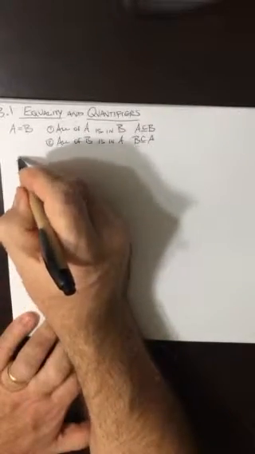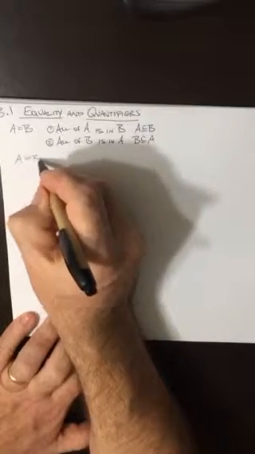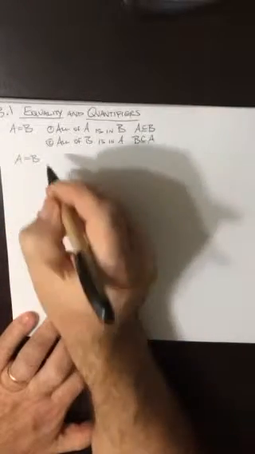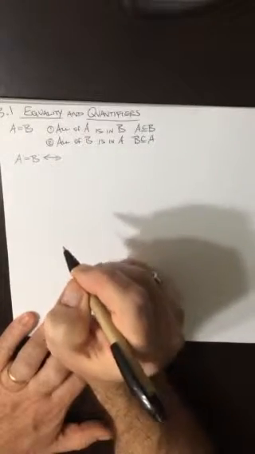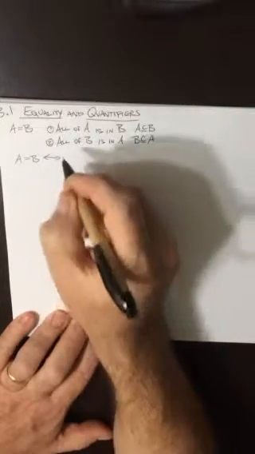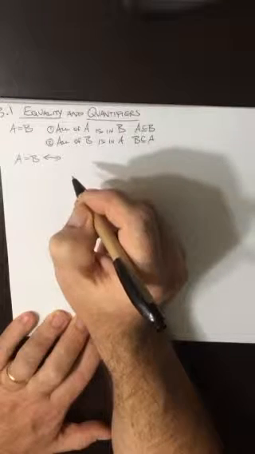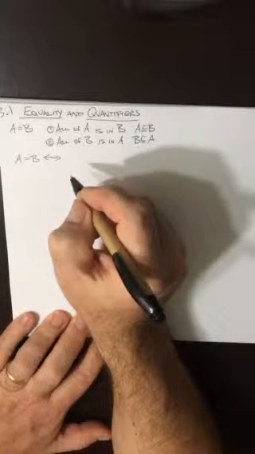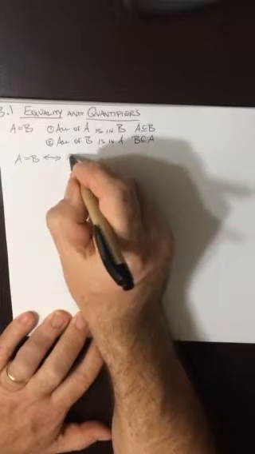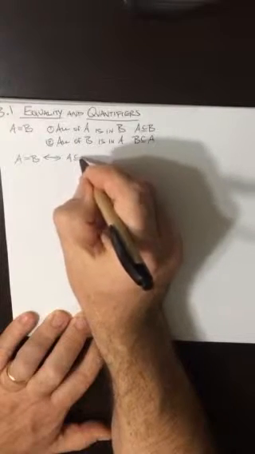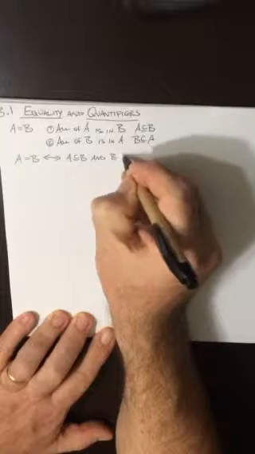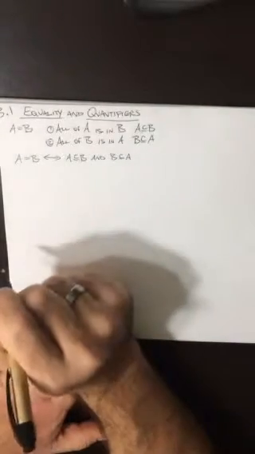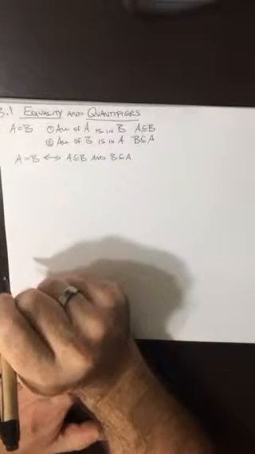We say if A is equal to B, okay, well, let me take a symbol from logic that we just came out of. Then we're saying that A is a subset of B and B is a subset of A. Okay?